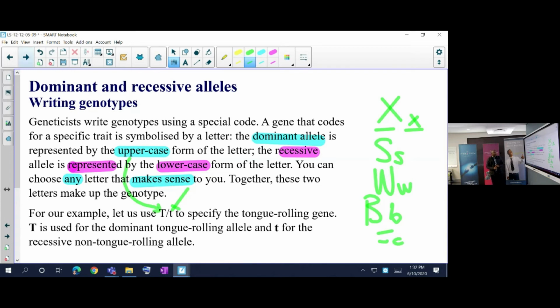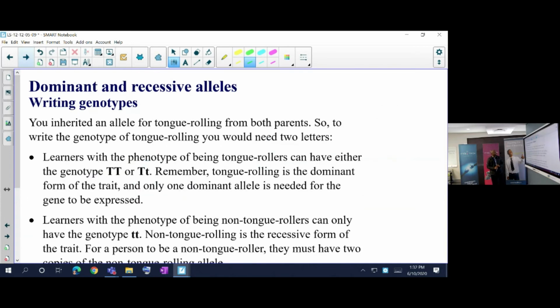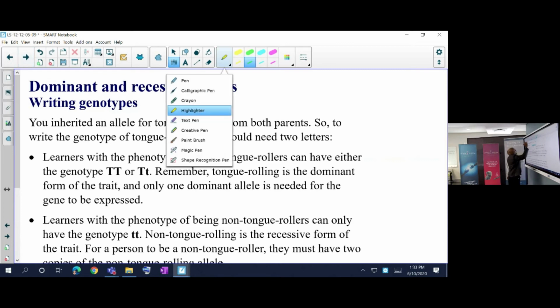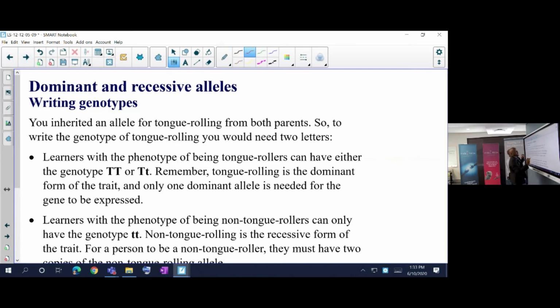What does it talk about? It's still continuing. So here, remember, I said in the first slide, a gene always has 2 copies.